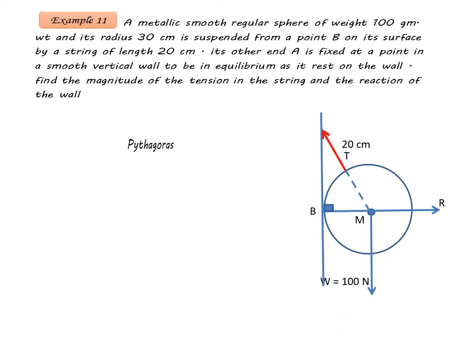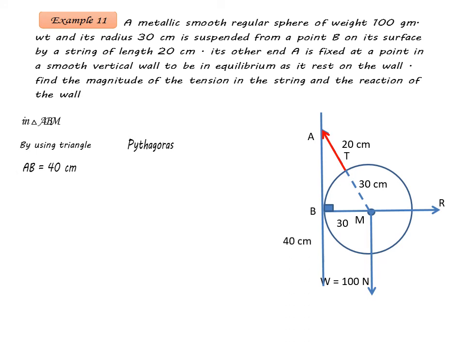So the distance from M to A will be 30 plus 20, finally 50 centimeters, and BM equals R, that means 30 centimeters. Finally, I can find the length of AB using Pythagoras theorem. It will be 40 centimeters, right?